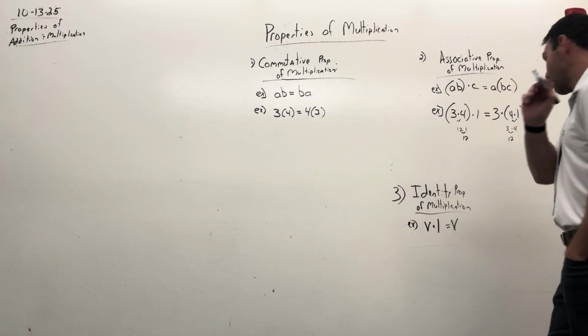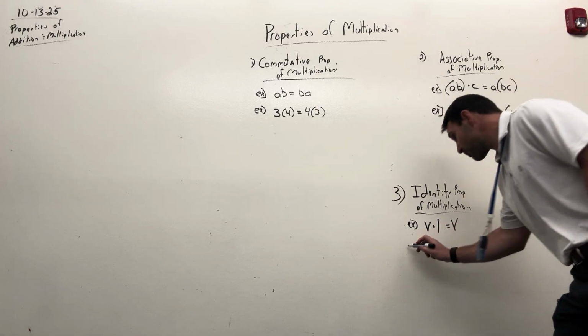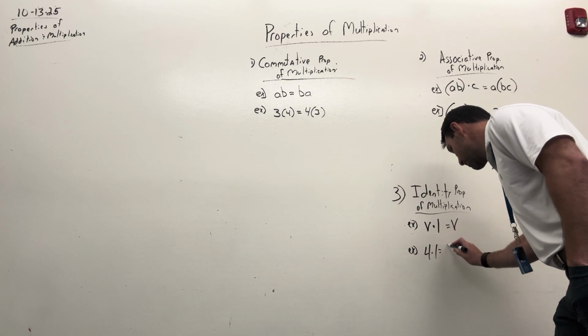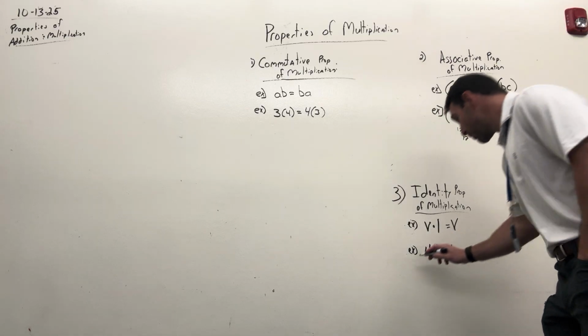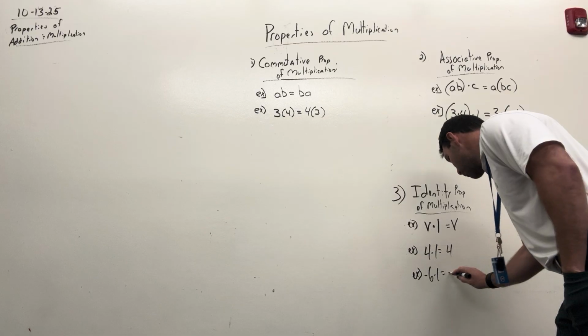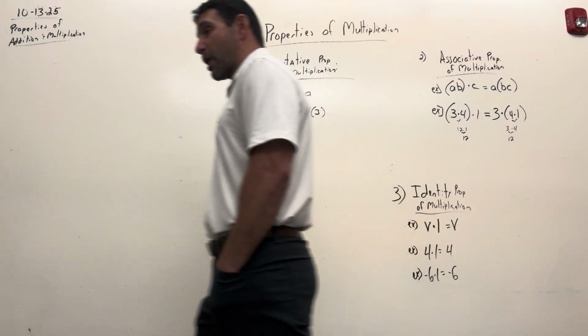V times 1 equals V. Because when we multiply by 1, we get anything. So your favorite number of 4 times 1 is still 4. Your favorite number of negative 6, times 1 is still negative 6. That's the identity property.